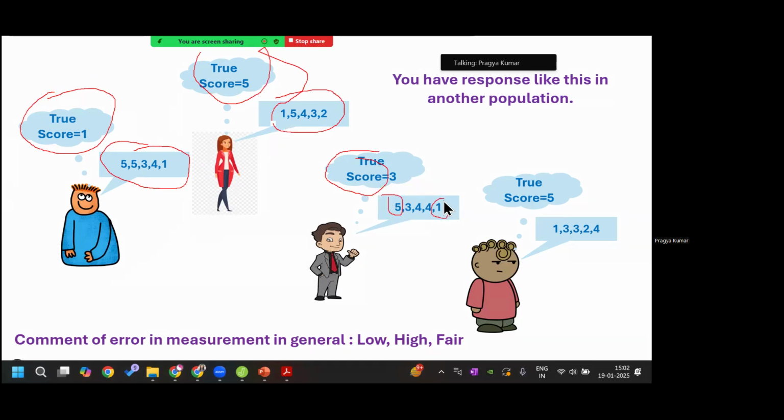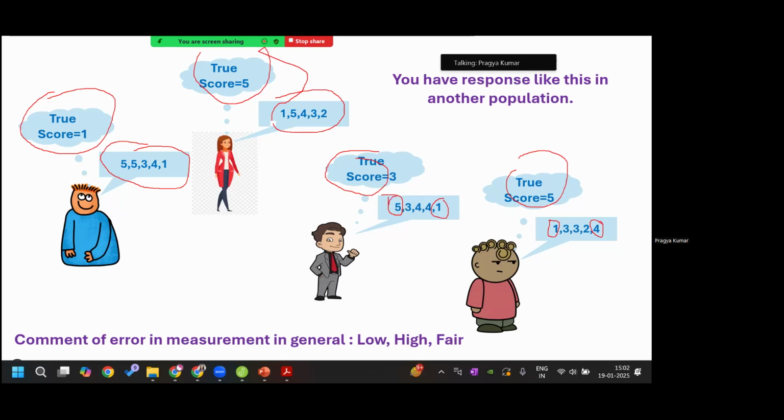And here the true score is 5 and the items are again scoring 1 on some and 4 on some. So what will you say? Is the measurement error high, fair or low? So yes, this is a very high error because you see that there is no internal consistency.